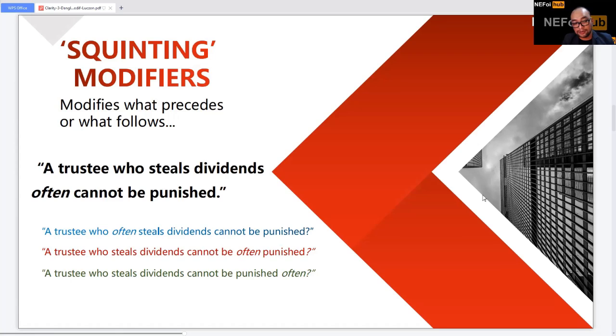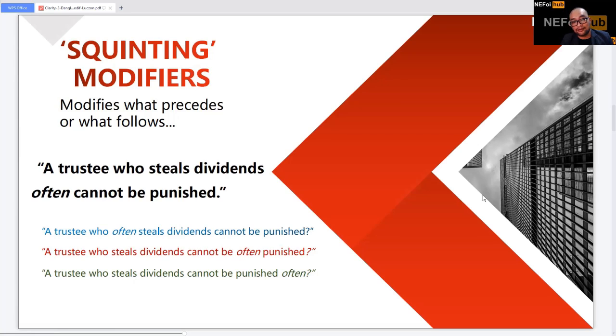So: a trustee who often steals dividends cannot be punished. In the blue sentence, it modifies the stealing of dividends. On the red one, it modifies the frequency of punishment, or the degree of punishment. And the last one modifies punishment itself.